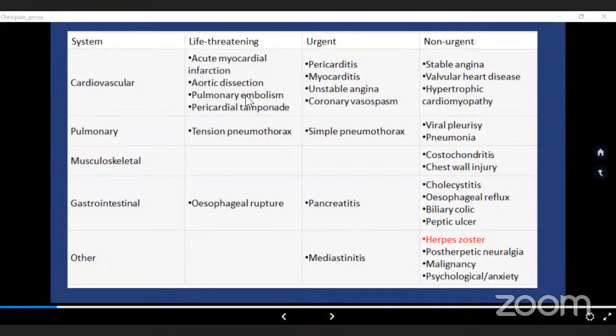I'm not going to talk to you about costochondritis, viral pleurisy, chest pain due to pneumonia, hypertrophic cardiomyopathy, or the like. I will not be able to cover them. I have only 45 minutes. Within this time, I just want to make sure you know what the life-threatening causes are, in other words, the big six.